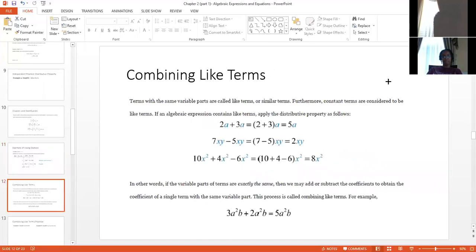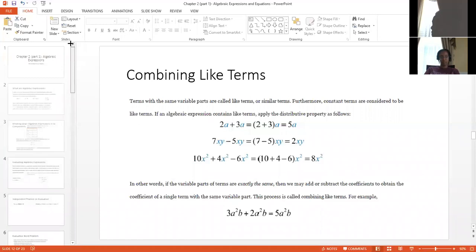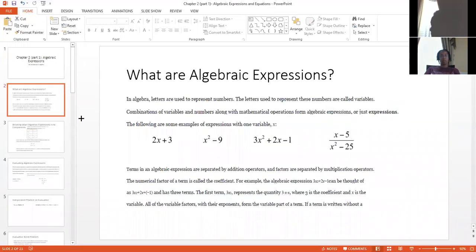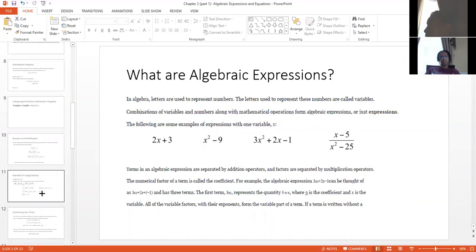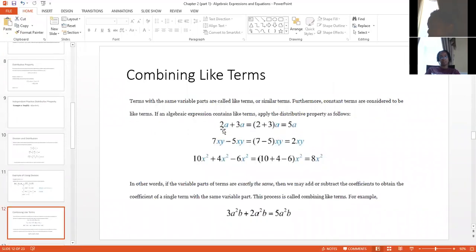Combining like terms. So earlier we defined the term as here. We defined the term as, this is a term, 2x, and then this is another term, 3. They're separated by addition operators. So going back here, we have another term.